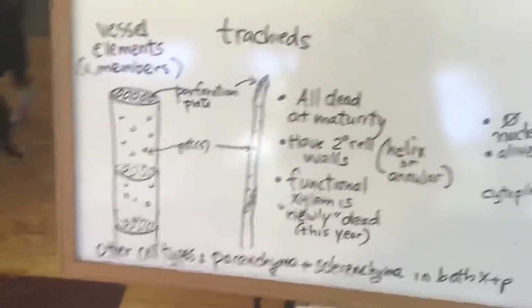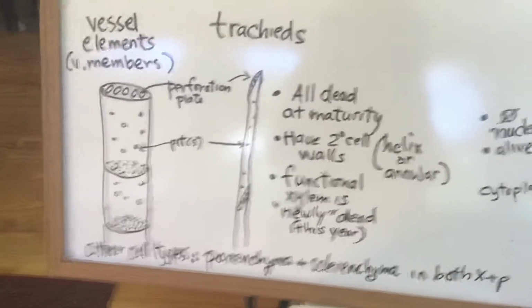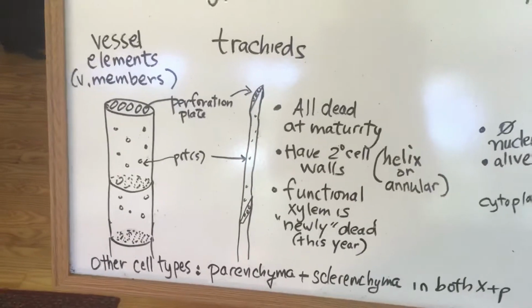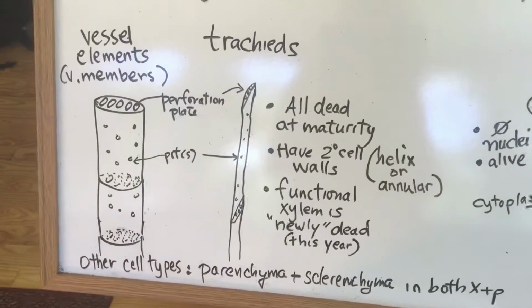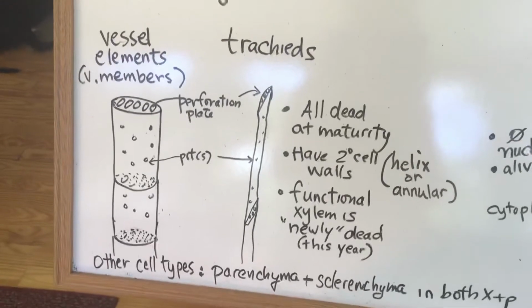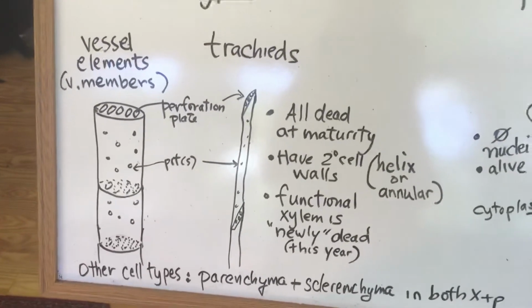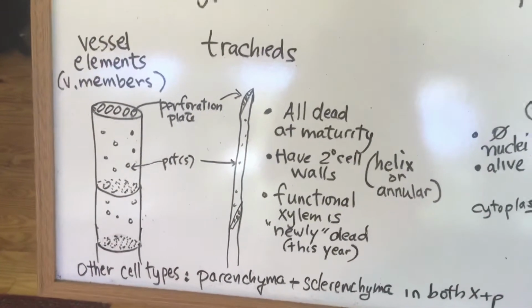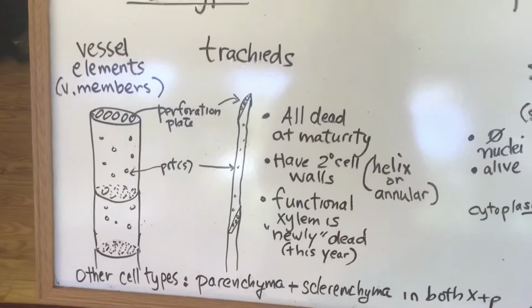Only this year's newly dead xylem would be functional. The reason is it ends up filling up with either debris or resins or something like that that will block the last year's xylem.